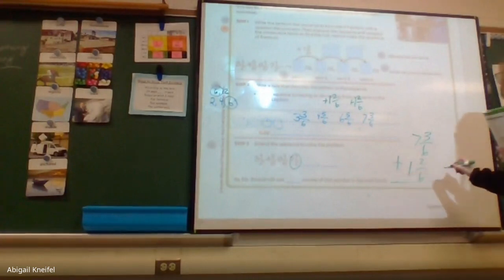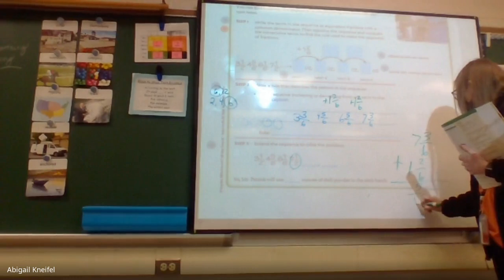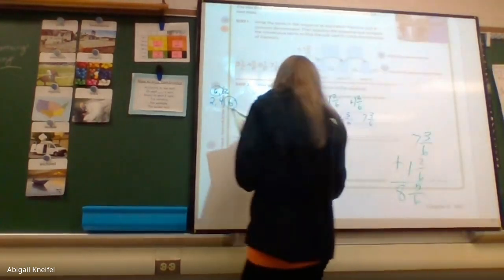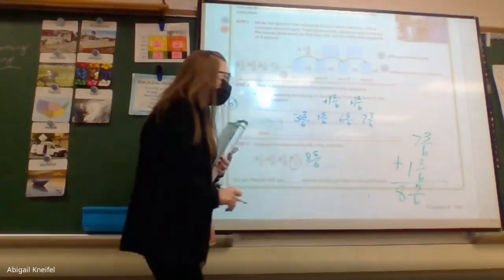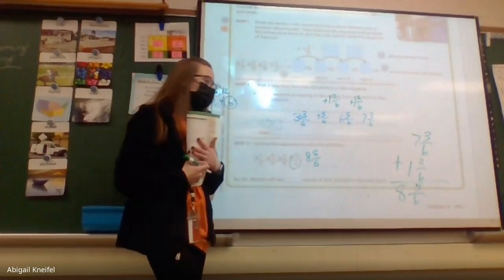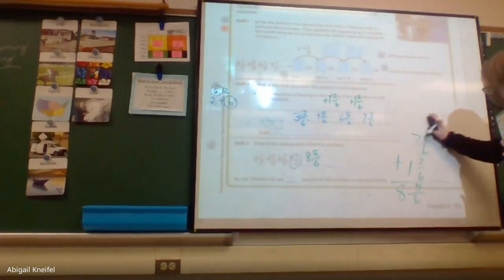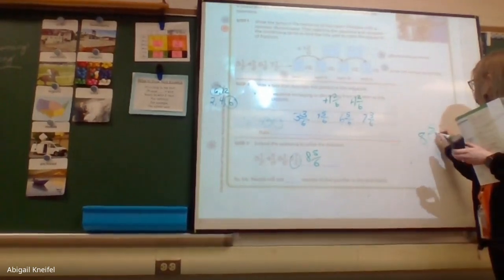So 3 plus 2 is 5 over 6. 7 plus 1 is 8. So my 5th one is 8 5/6. Now, how do I figure out my 6th one? Abby? You add 8 5/6 with 1 2/6.